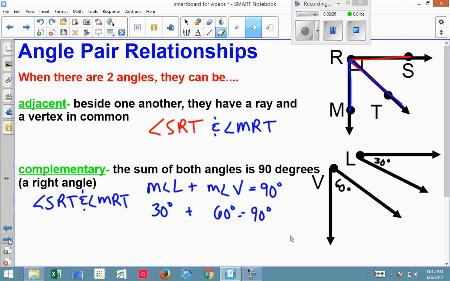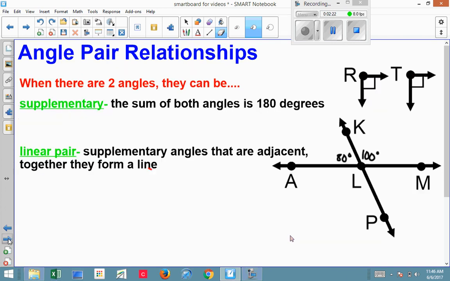Next, we're going to take a look at the next term, which is supplementary angles. So supplementary angles mean that the sum of both angles is 180 degrees. So we take a look at this example. Both angles are marked as 90-degree angles.